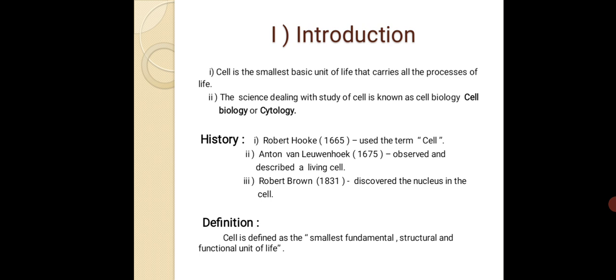Then Anton van Leeuwenhoek in 1675 observed and described a living cell. Third, Robert Brown in 1831 discovered a nucleus in the cell. Next, the definition of the cell. Cell is defined as the smallest fundamental, structural and functional unit of life.